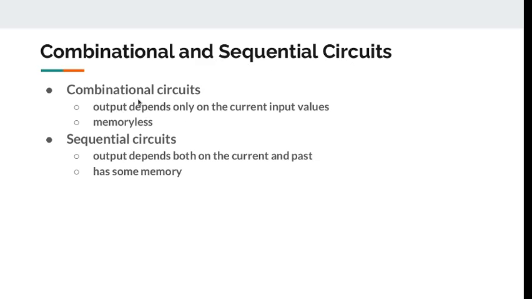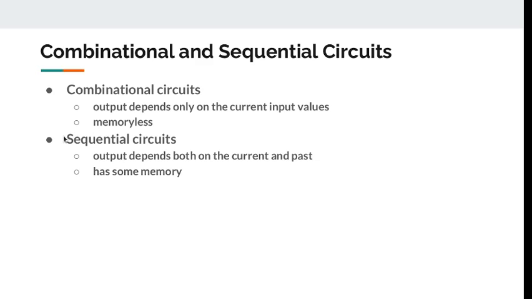In the combinational circuit, the output only depends on the current values that you have on the inputs. So it's a memoryless circuit. It's what's provided for the inputs that's gonna decide what you're gonna get on the output.